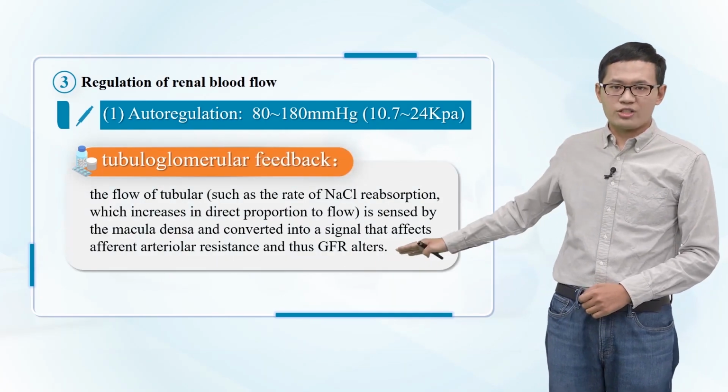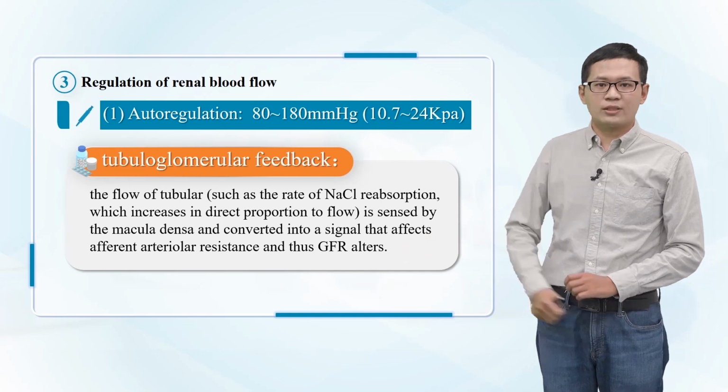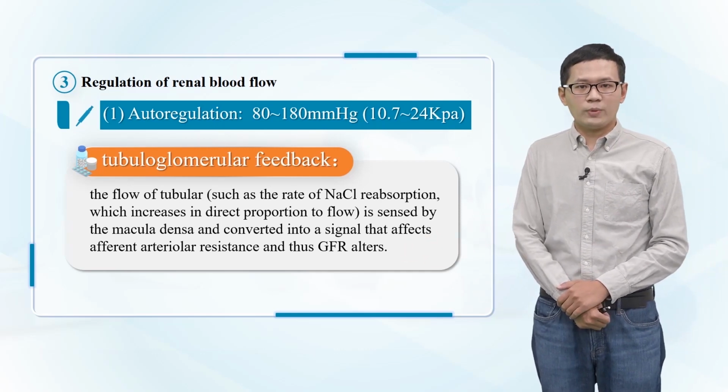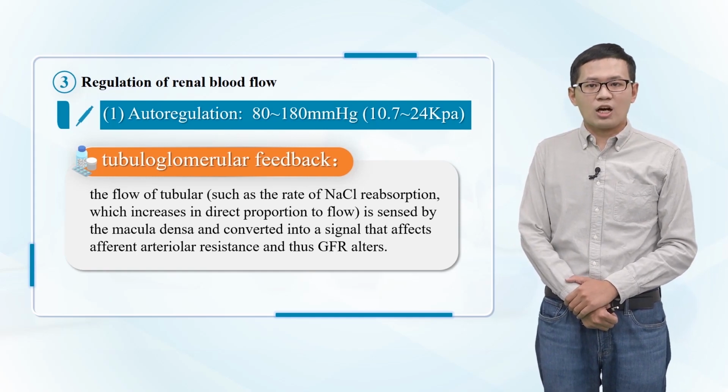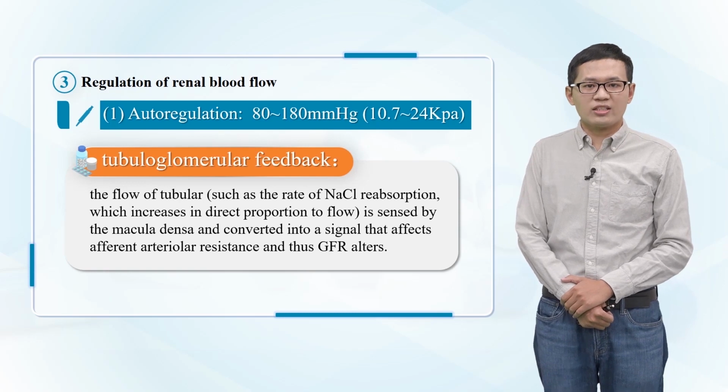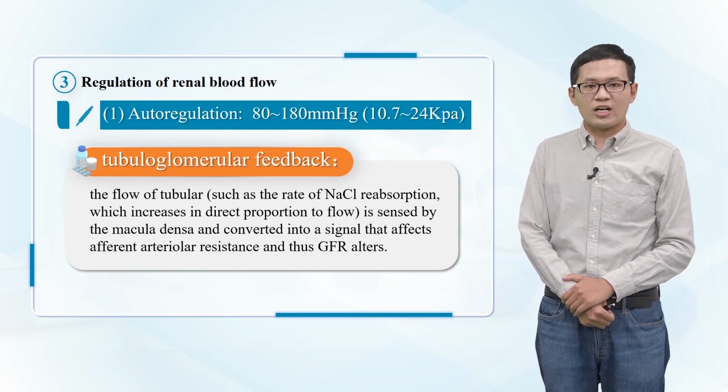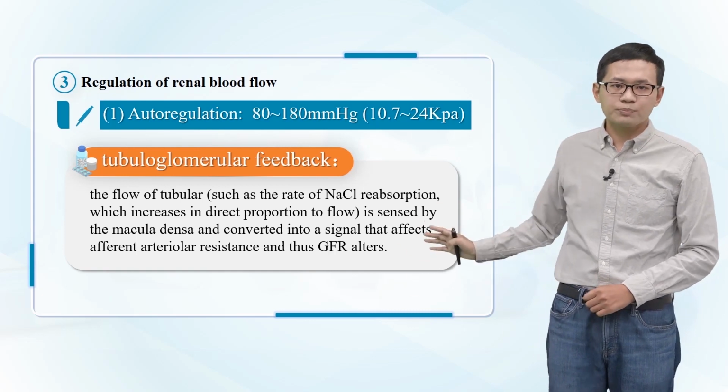Another theory is tubuloglomerular feedback. The flow of tubular fluid is sensed by the macula densa and converted into a signal that affects afferent arteriolar resistance, and thus GFR alters.